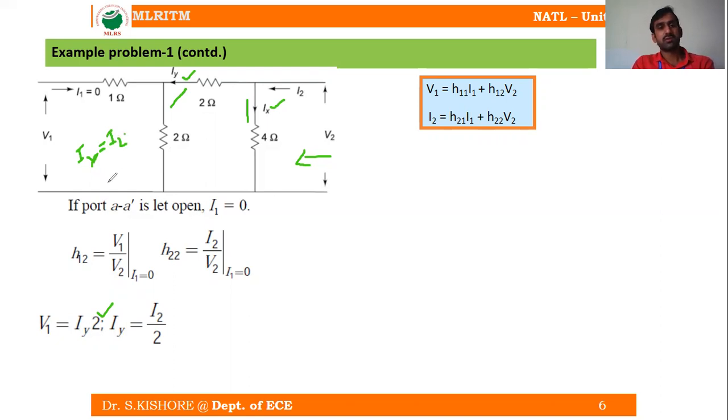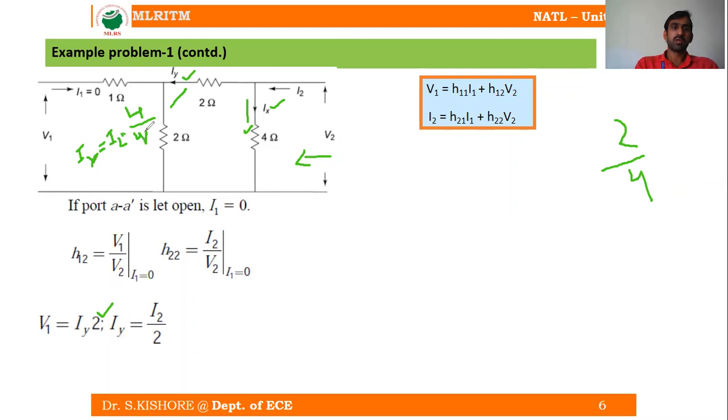IY is equal to I2 into the opposite resistance. What is the opposite resistance? It is 4, divided by the sum of the resistances.